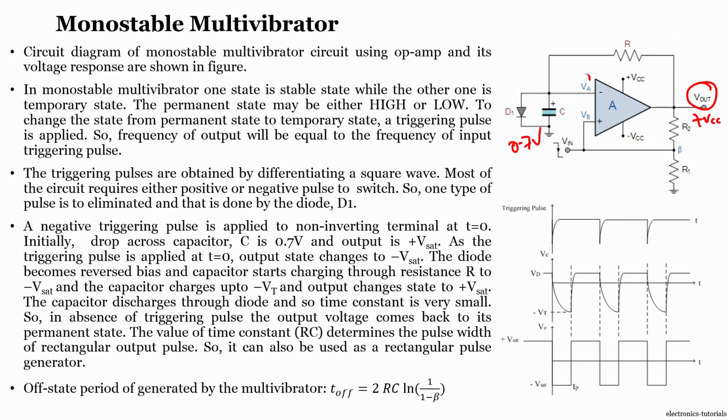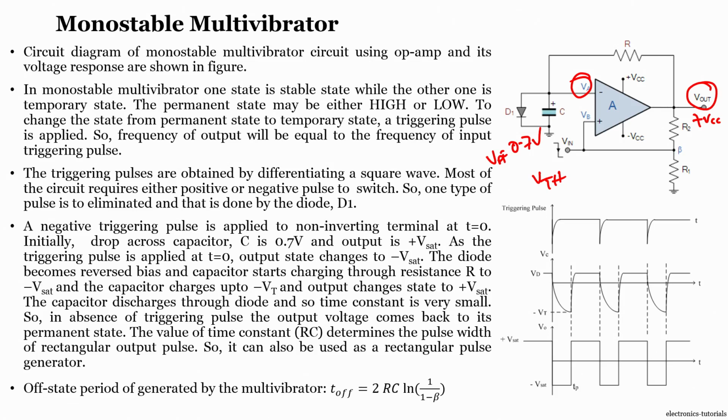So that means VA will be equal to 0.7. If this VA value is lesser than VB, that means the input voltage is lower than your threshold value, VTH, the higher threshold value which we have already seen previously. If this value is lower than VTH, then the op amp cannot go to minus VCC, it will always be at plus VCC.